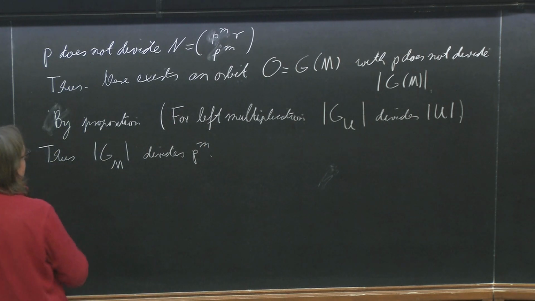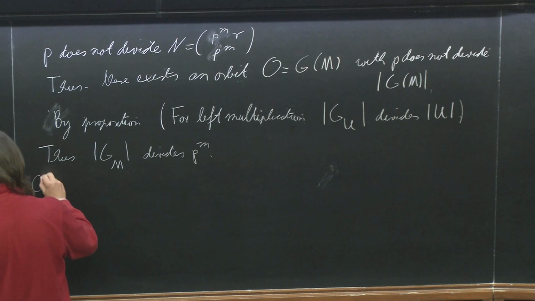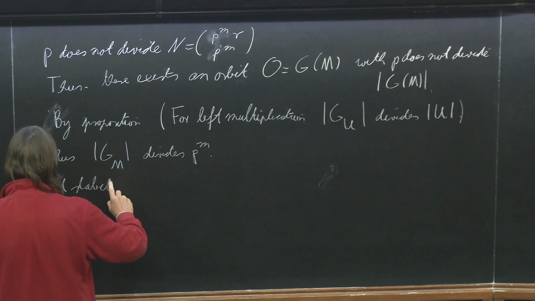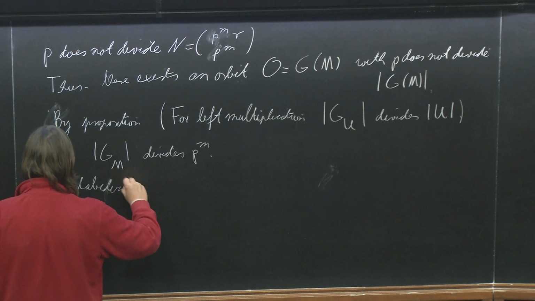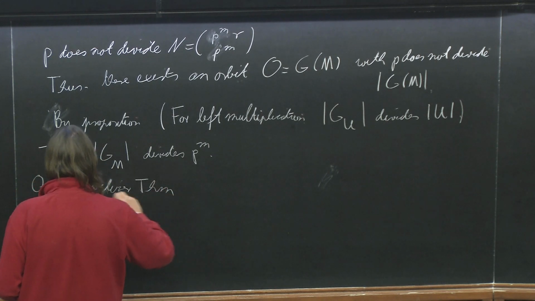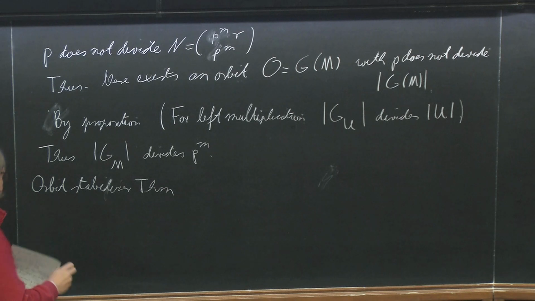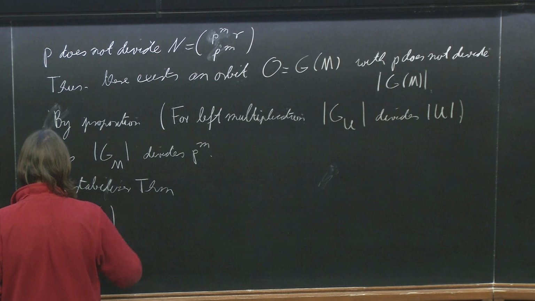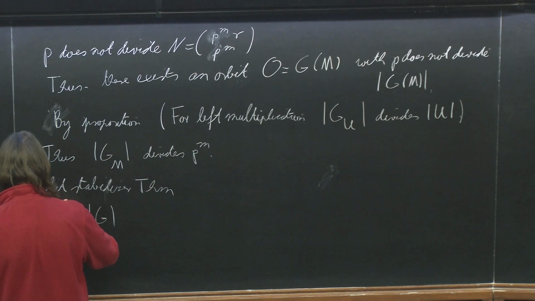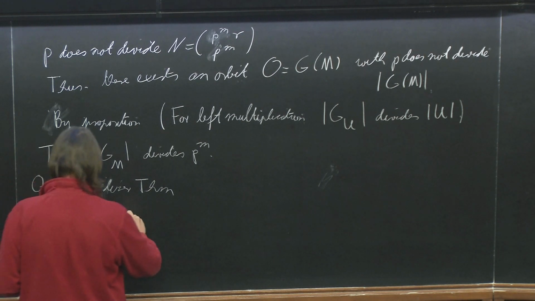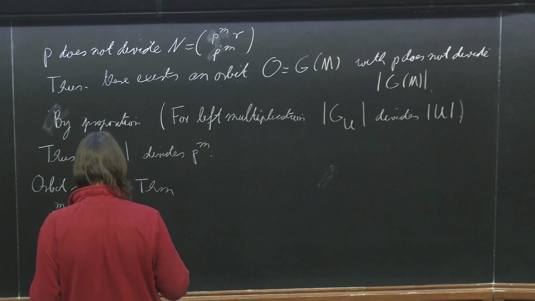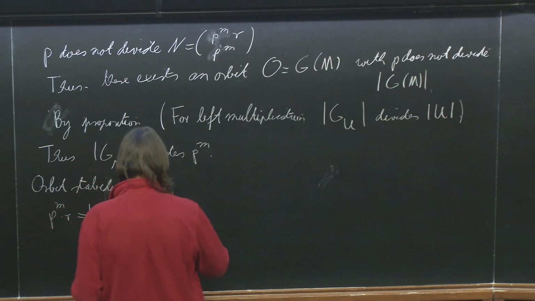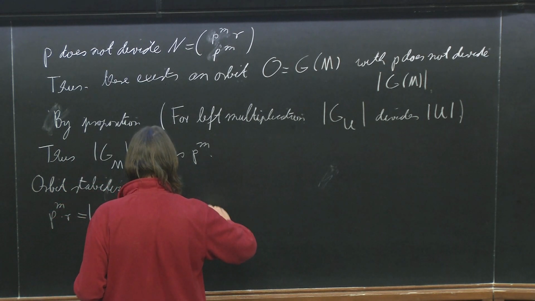On the other hand, we can apply the orbit stabilizer theorem. And what does it say? It says the number of elements in the group, which is P to the m times r, is equal to the number of elements in the stabilizer of our set M times the number of elements in the orbit.